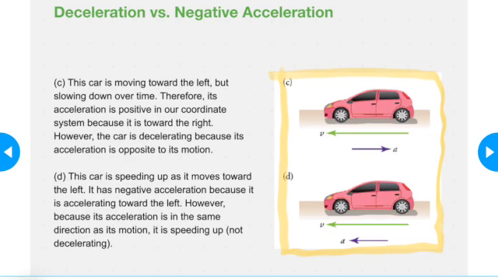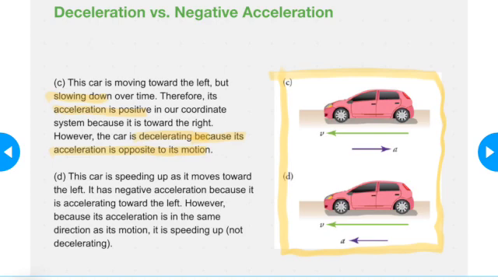Since, again, our velocity and acceleration vectors move in opposite directions, we have deceleration, so this is slowing down, and it has positive acceleration. Acceleration is positive, there we go. And again, in this case, because it is moving to the left with a positive acceleration, so negative velocity, positive acceleration gives us decelerating, because again, its acceleration is opposite its motion.